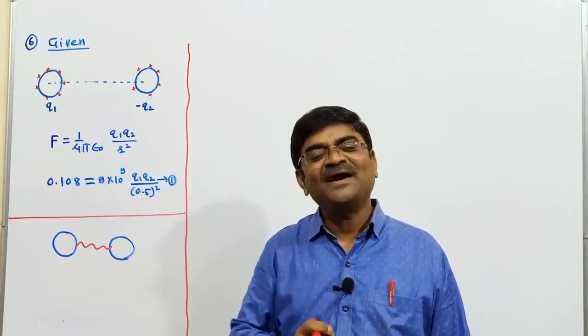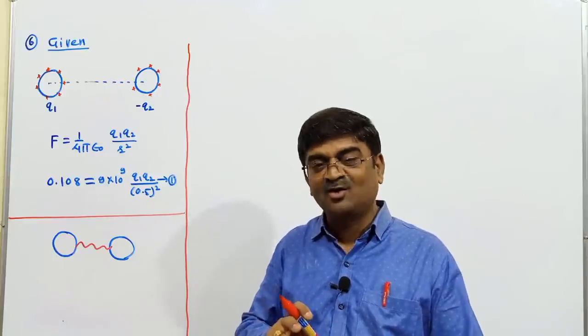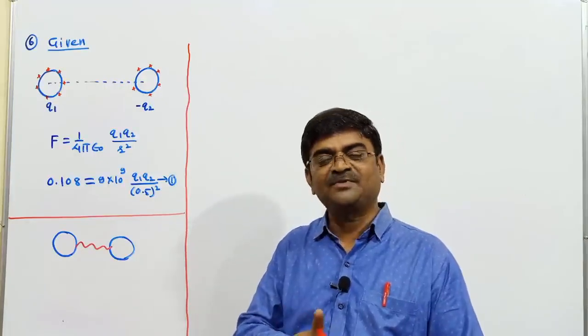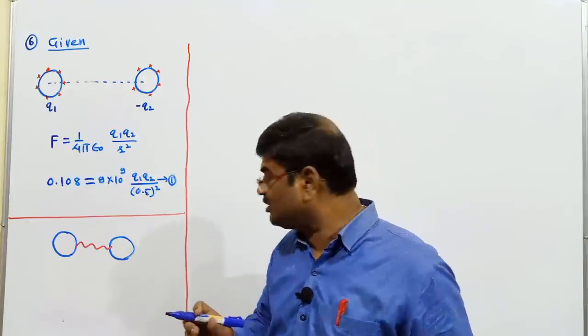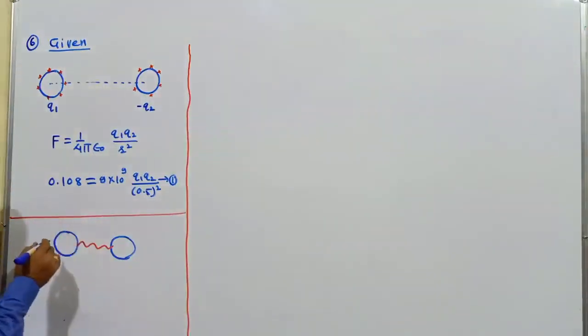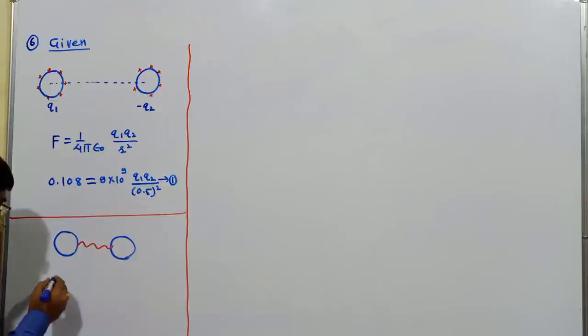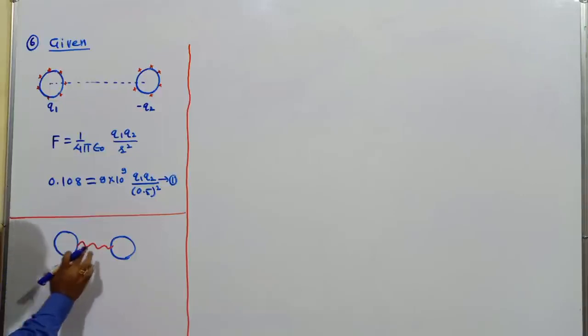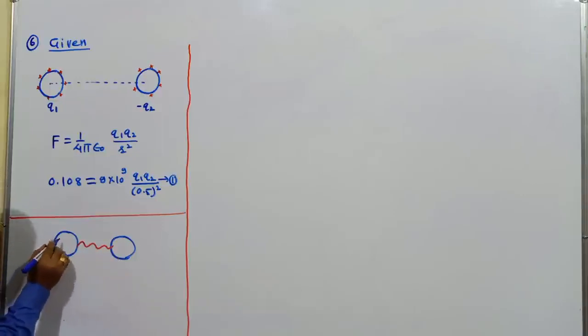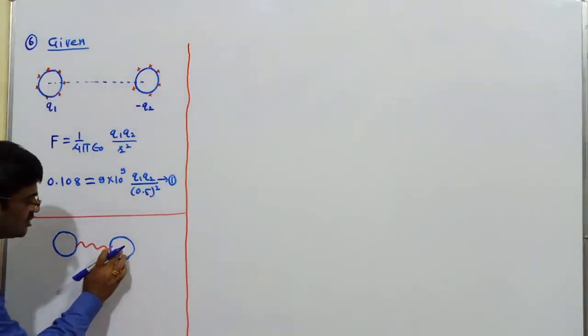And if you work it out, particularly in case of identical conductors, geometry-wise identical, after learning the concept of potential, you can do that. You will get to know that each of the conductors will acquire a charge. Before connecting, charge on the first one was Q1, charge on the second one was minus Q2.